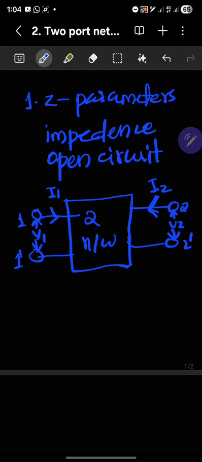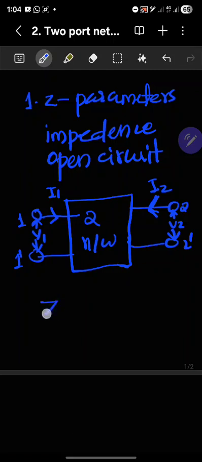Z parameters are the impedance parameters, that means the voltage and current ratio parameters. Which voltage and which current? Input voltage and input current; similarly output voltage and output current; and the other two, output voltage and input current, and similarly input voltage and output current. So these four combinations will give 4 Z parameters. All these parameters combined are called Z parameters.